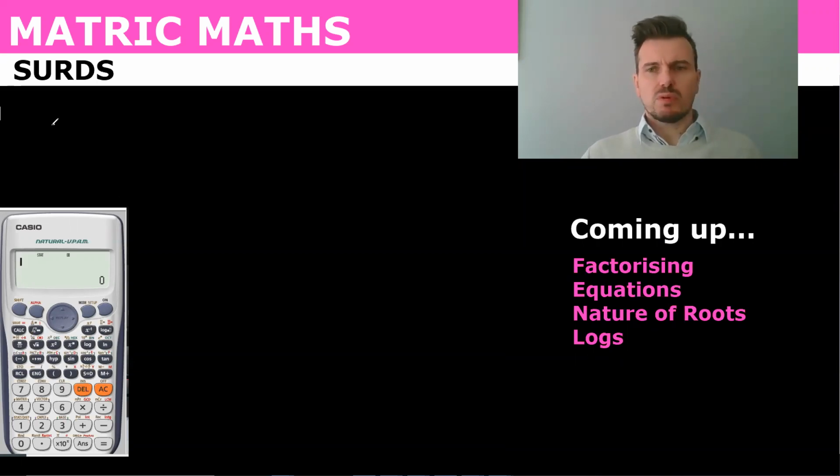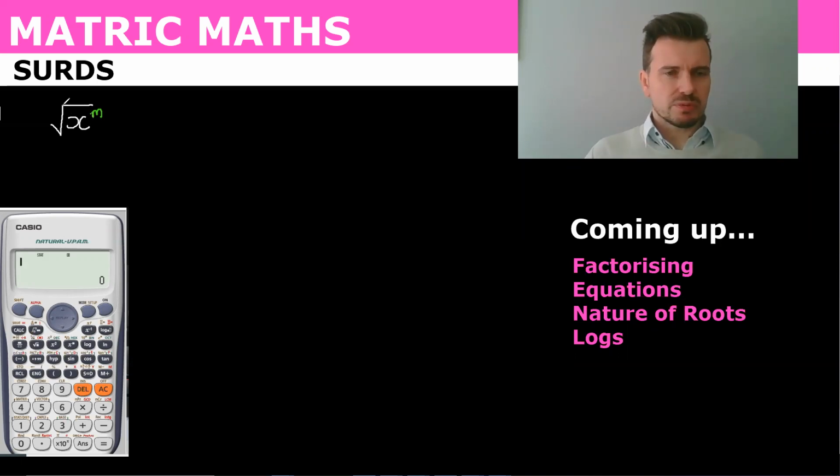One of the most important parts of surds is that they can be expressed as an exponent. So if I have, say, the square root of x to the m, what I want to say is that this is squared. So there's what they call a ghost 2.